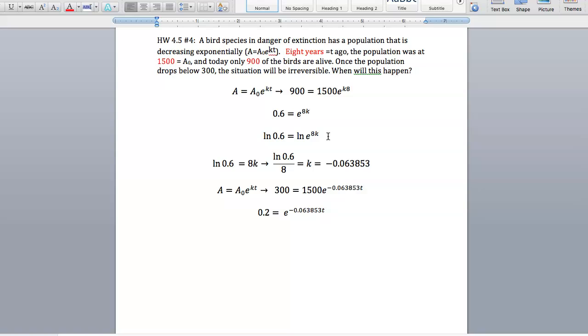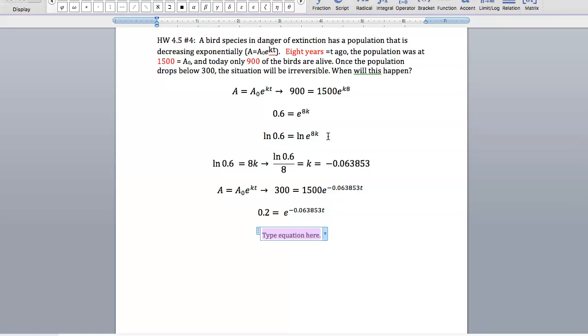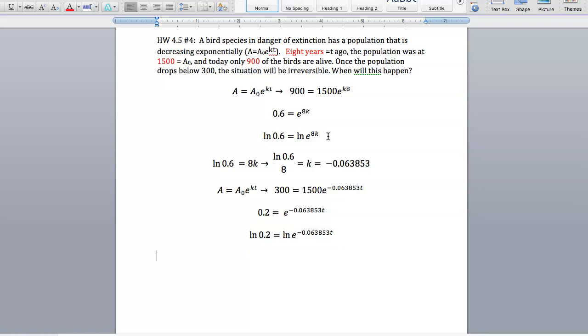So on the left, that's natural log of 0.2. On the right, natural log of that lovely natural exponential expression. Just like last time, I have the log of something to a power. That power is going to come down in the front and multiply, and the natural log of e is 1.